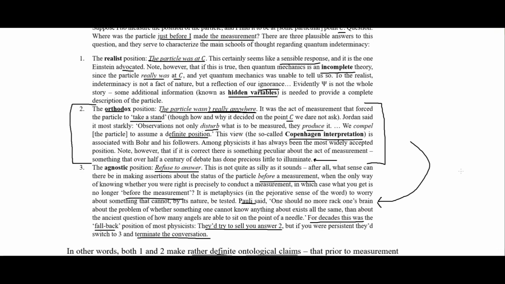I mean, you can see just the fact that the orthodox position has been this Copenhagen interpretation, and yet we've been able to use quantum mechanics for all kinds of great technology and inventions and things like that. So it actually hasn't been that big of a deal that we don't have a good interpretation of it.